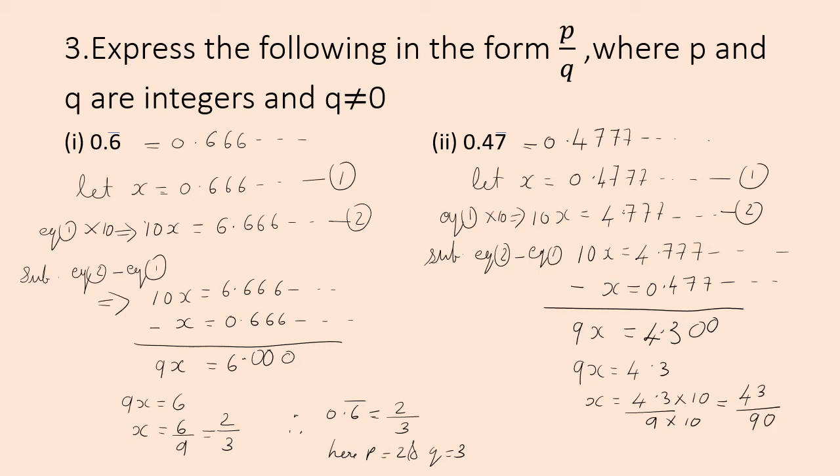Therefore, the P by Q form of 0.47 bar is 43 upon 90. Since no common factors are there, you write it as it is. If common factors are there, you write it in the reduced form. Here P equal to 43 and Q equal to 90.